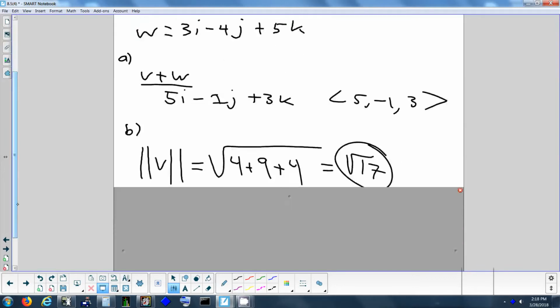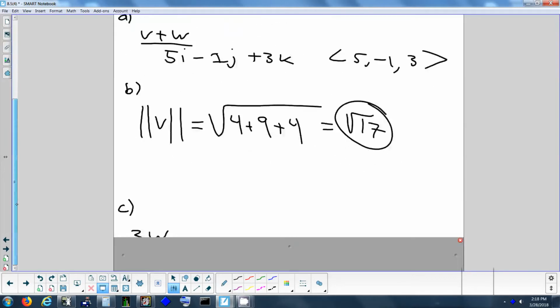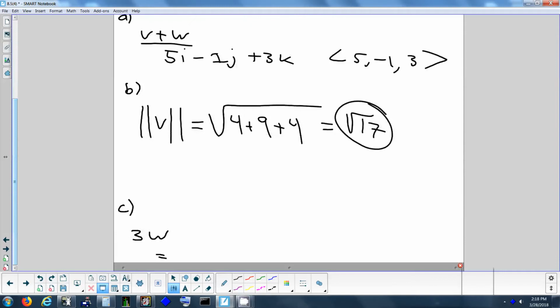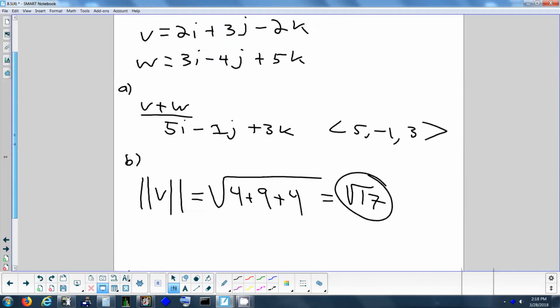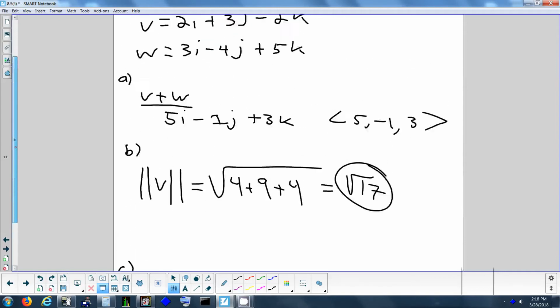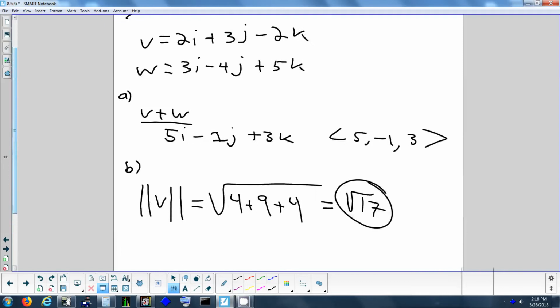Okay, part C is a scalar. 3W. I want to find 3W. So I'm just going to go back up so we can see it. Gracie, can you tell me, if I do the scalar product, 3W, what I would get? It'd be 3 times 3, right?